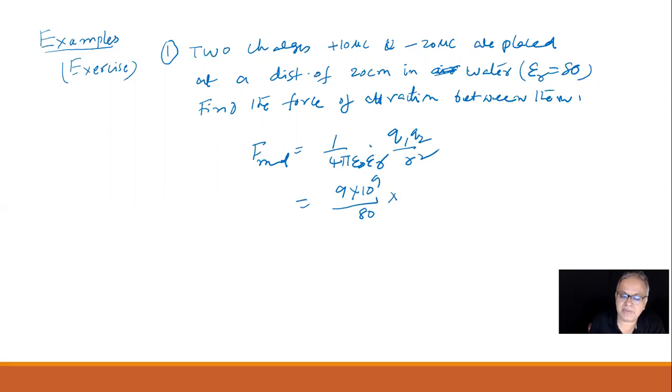Don't write these signs of the charges now, simply the magnitude. 10 into 10 to the power minus 6 into 20 into 10 to the power minus 6 by r square, 20 into 10 to the power minus 2 whole square. Simplify it and get your answer.